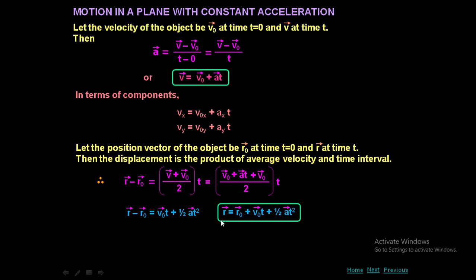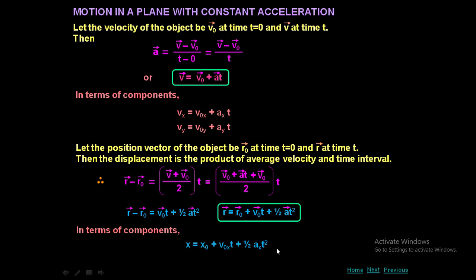That means again this equation will also have how many components? Two components, one along x-axis, another one along y-axis. So in terms of components, when you write this equation, the x component is x equal to x naught plus v naught x t plus half ax t square. That means r bar x component is x, r naught bar x component is x naught, v naught bar x component is v naught x, and a bar x component is ax.